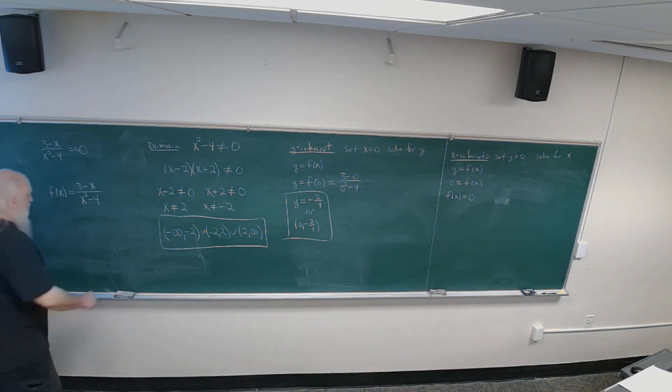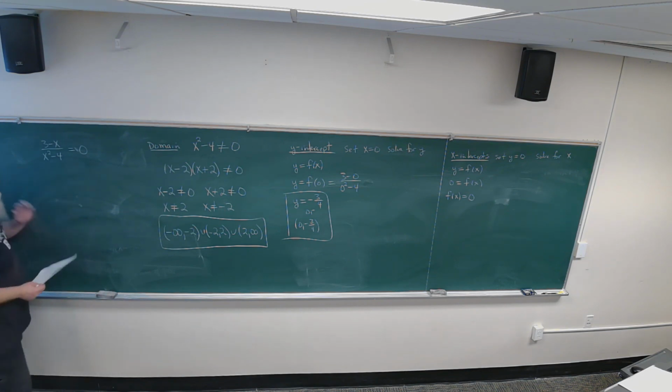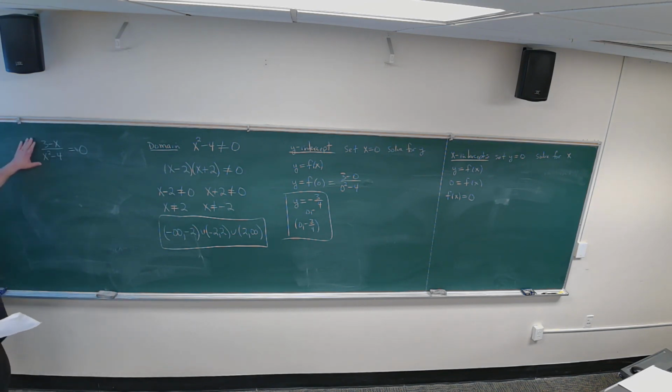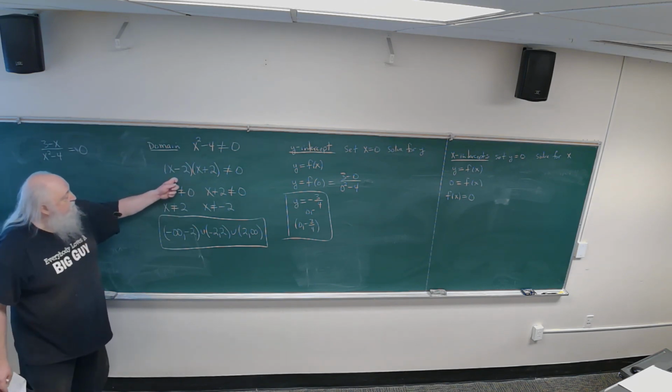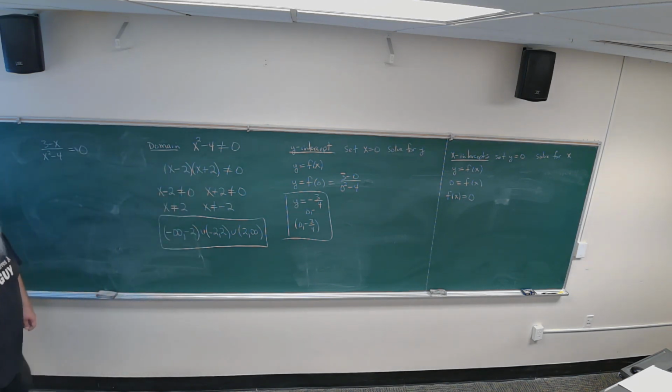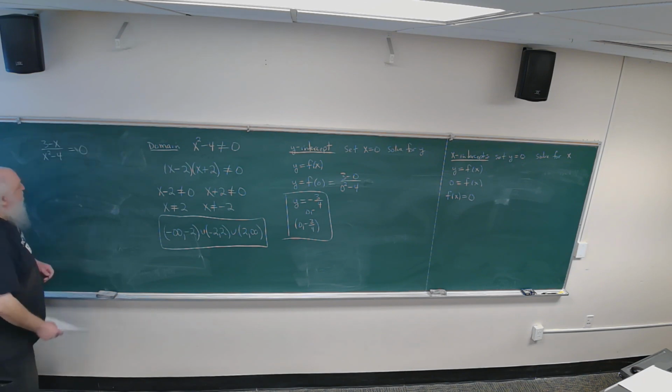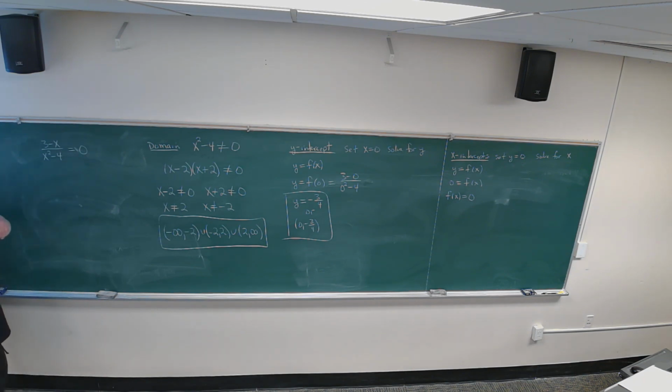Okay. Now, we know there are no common factors in the numerator and denominator because the denominator factors into x minus 2 times x plus 2. And so in finding the x-intercepts, what you end up doing is just setting the numerator equal to 0 and solving for x.